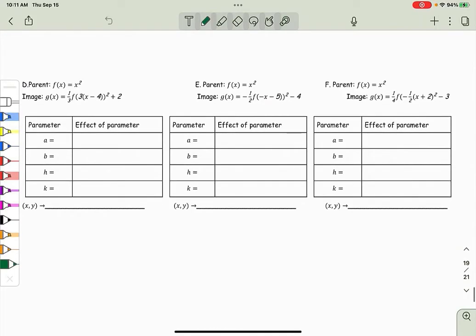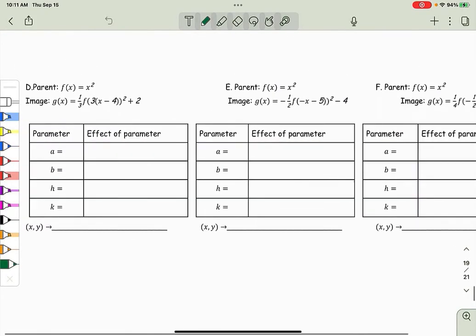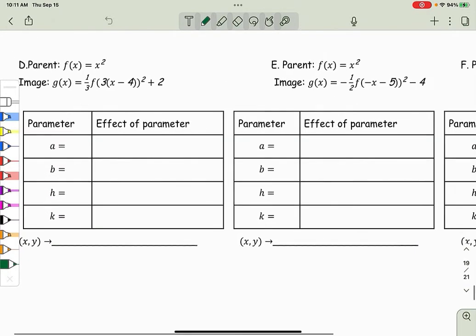So now let's go ahead and do the same thing for our quadratic equations and see how that looks. So notice for our a parameter, we're at 1/3, which is a vertical compression by 1/3.